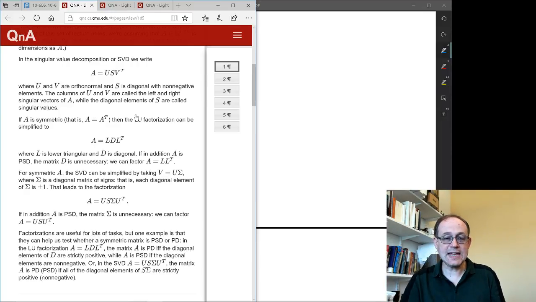And so what this is saying is that you can take a general linear transformation and write it in the following form. First, we do an orthonormal transformation, that's V transpose, so we do some rotations and flips, and then we scale on the coordinate axes.